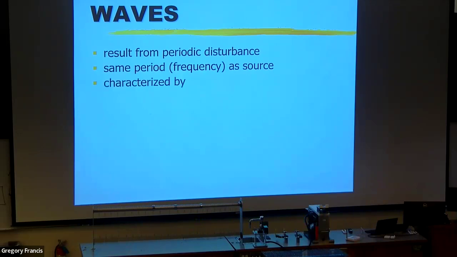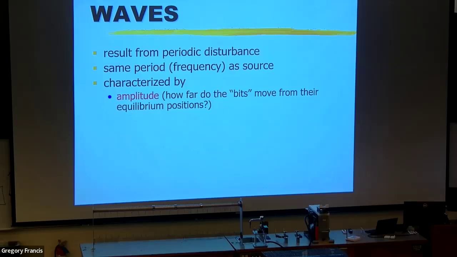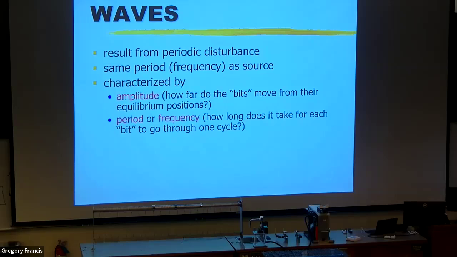And so we can characterize a wave by the amplitude. How high are those waves when they hit you as you come in from the ocean? That's the amplitude. How far do the bits, the water, move from their equilibrium? The period or frequency, how long does it take for each bit to go through one cycle, would be the period.